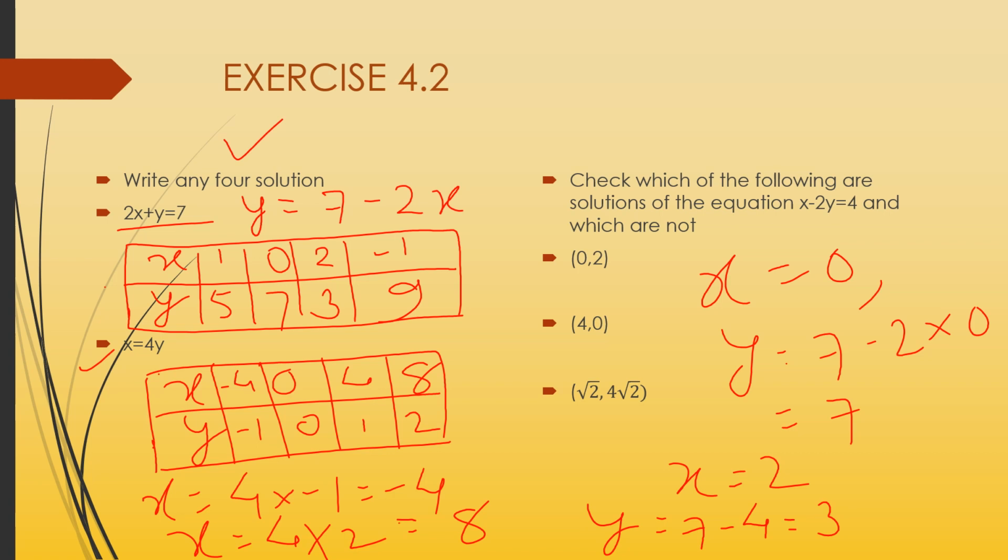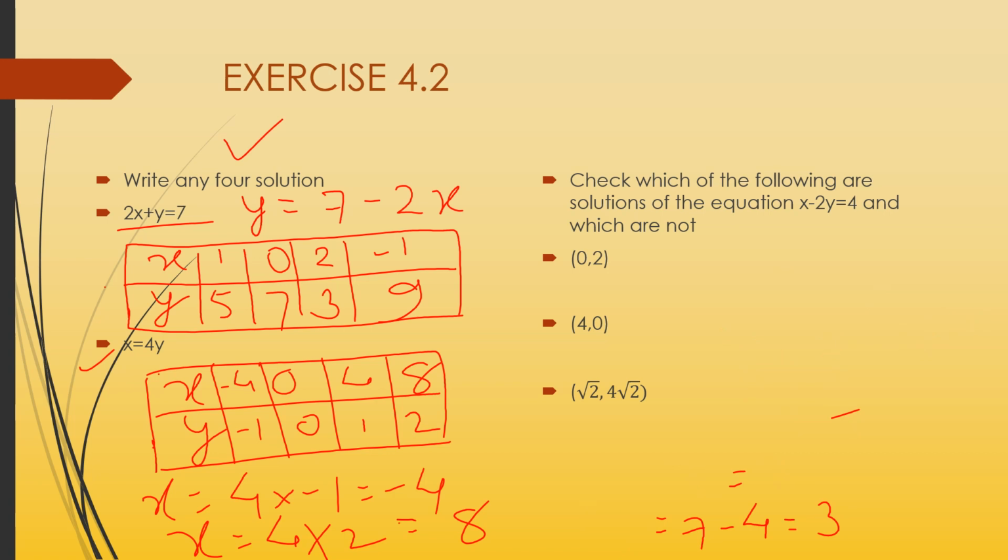One more thing, in chapter 3 we did how we can represent a point on a Cartesian plane. It is always represented by an ordered pair x comma y.